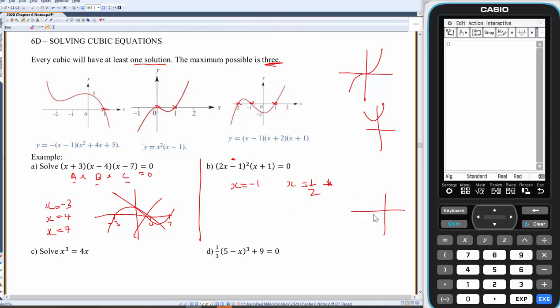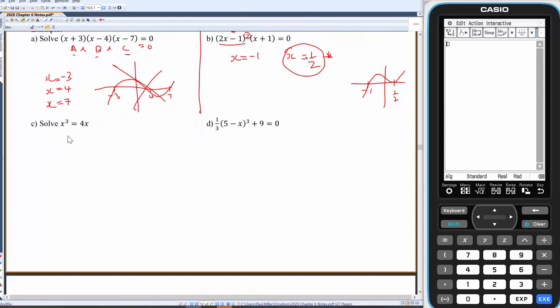What's going to happen is we've got -1 and we've got a half. And I know for a fact that this is a positive cubic. We'll get a turning point on the x-axis for this particular x-intercept here, okay? You don't need to really worry about that yet, but just acknowledge that this is a special one because of the fact that it is squared.